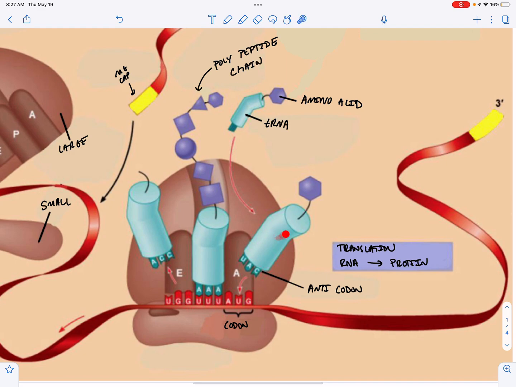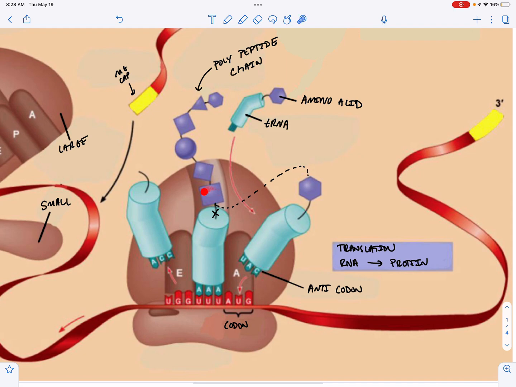Now, when this tRNA is securely in the A site, and this one is in the P site, there's going to be a polymerization event where this amino acid is going to break the bond here. This bond is going to be broken between its tRNA, and there's going to be a new bond formed to this amino acid here.